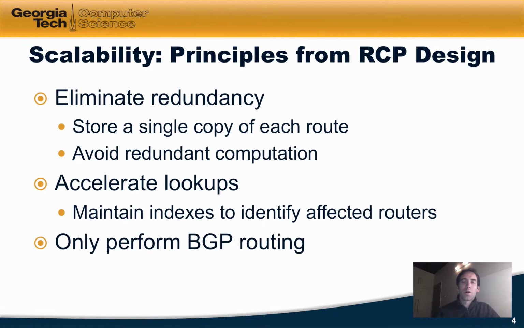Finally, RCP tackles some scalability problems by simply punting on performing routing for all the routing protocols in the network and simply decides to focus on performing interdomain routing alone.